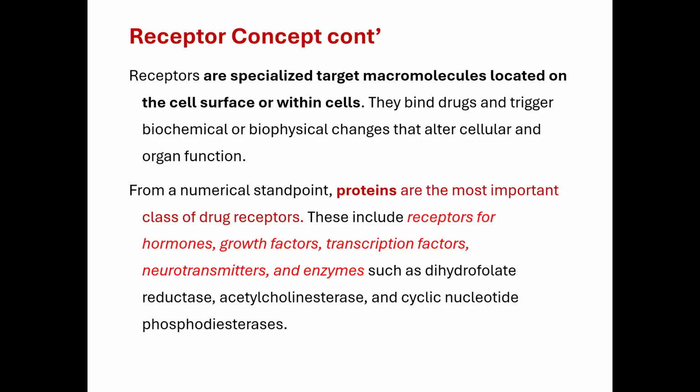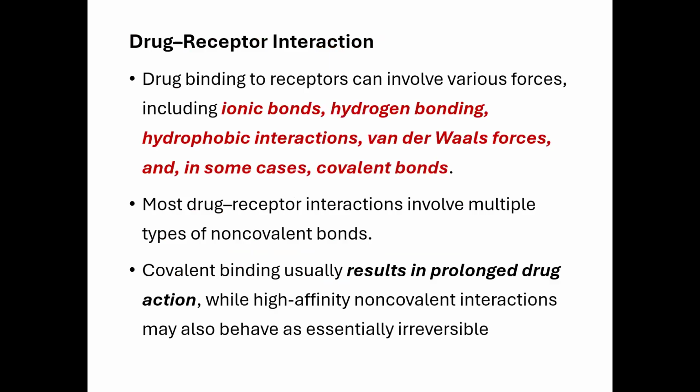So the effects we are talking about come as a result of these physiological, physicochemical and biochemical changes. From a numerical point of view, proteins are the most important class of drug receptors. As we said, most receptors we are talking about are protein in nature, and they include hormones and others. Basically, this concept is what we've been talking about previously.